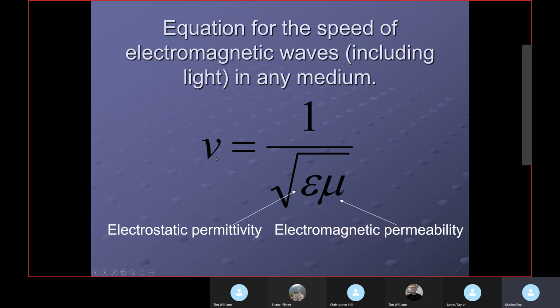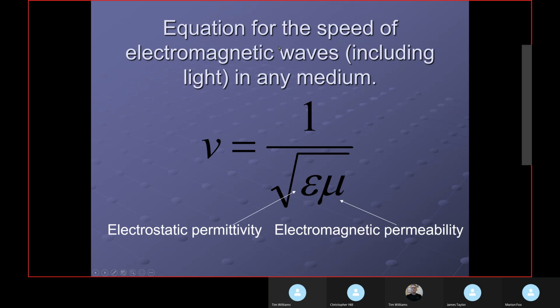We won't get into the differences. But one's a vector, one's a scalar. But velocity here is 1 over, it's a reciprocal, of the square root of epsilon mu. Epsilon is an electrostatic permittivity, and mu is an electromagnetic permeability. And so that determines the speed of light through the medium.